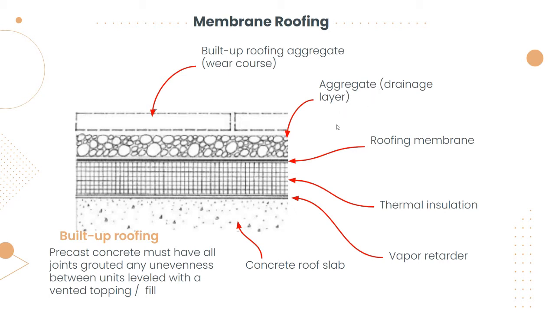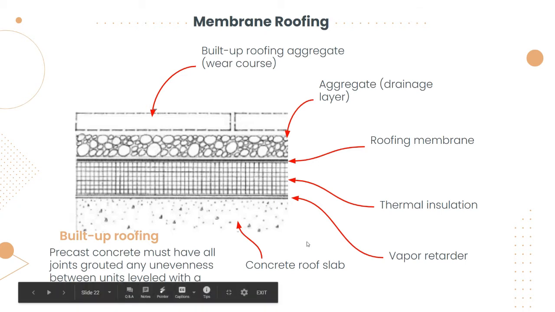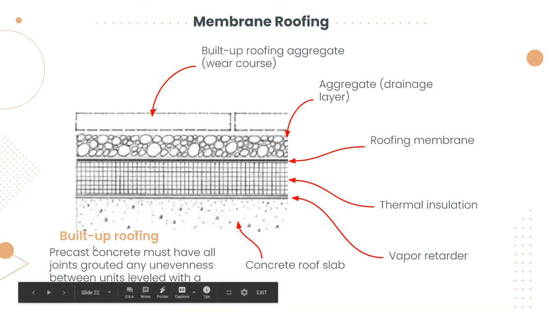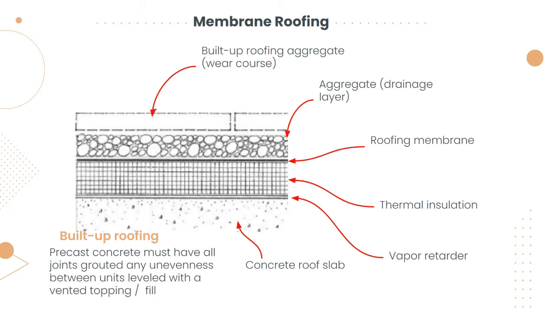And then we have the aggregate for the drainage layer, the roofing membrane, thermal insulation, vapor retarder, and then the last level for the concrete roof slab.